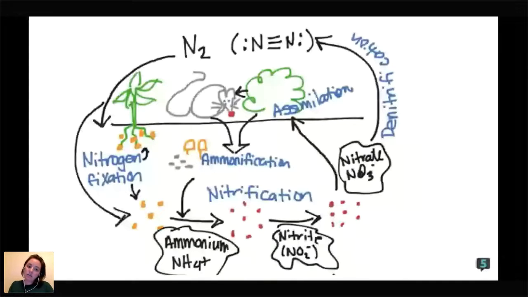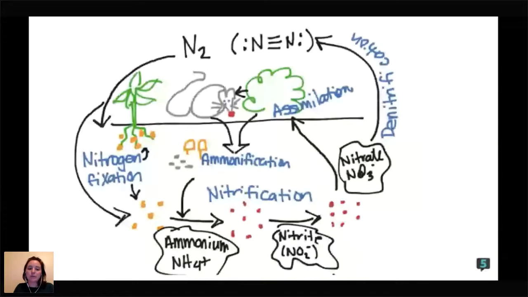After the nitrogen has been fixed, gone through ammonification and nitrification, then it can be assimilated into plant tissue, usually. So the plant will take it up and turn those nitrates that are floating around in the soil into proteins and use it in its DNA and all that fun stuff.